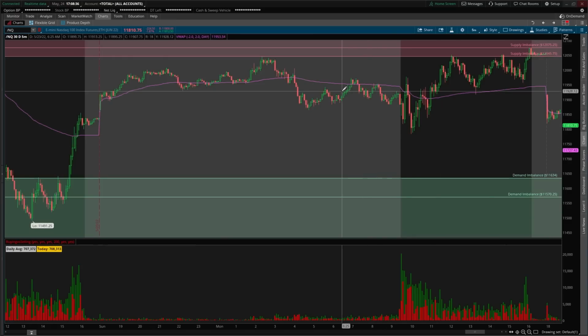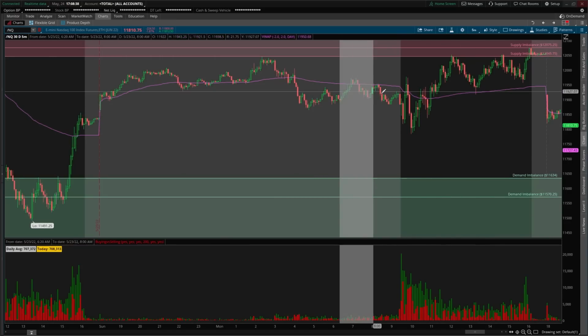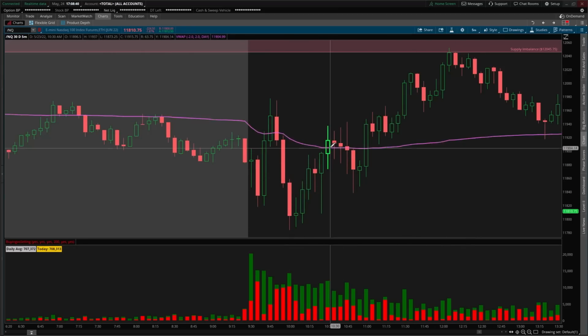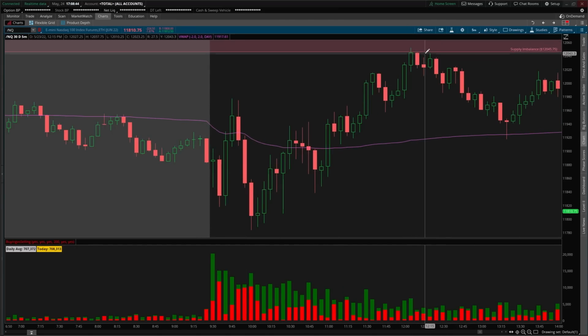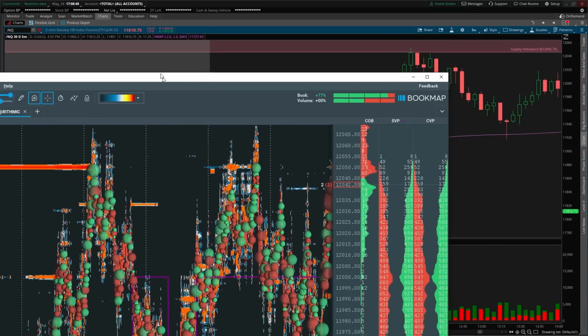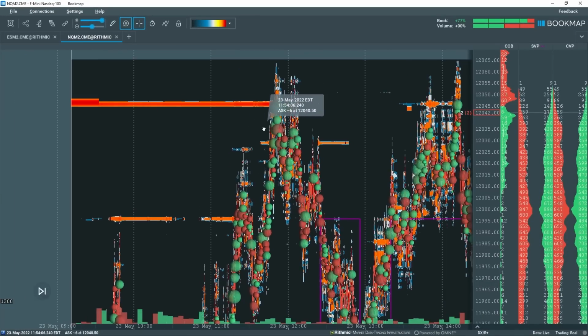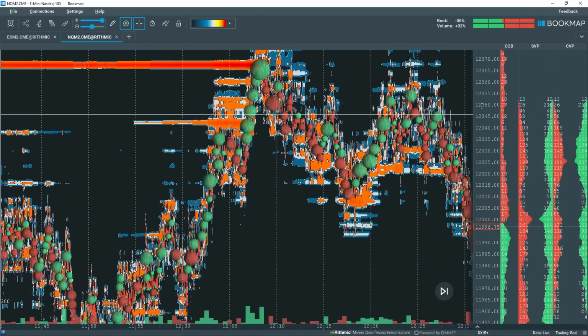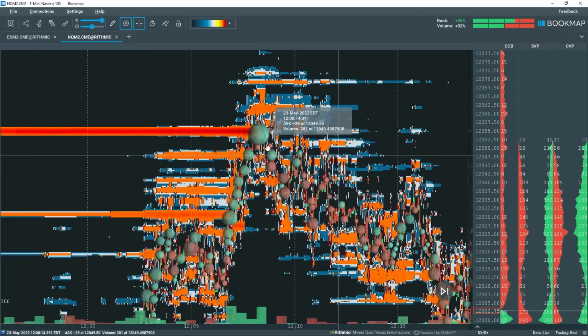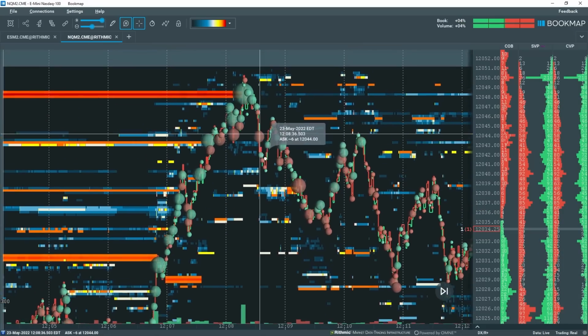Then yesterday on Monday, May 23rd, 2022, the market had a strong rally, making higher highs, making higher lows, and we hit that same exact supply zone at 12,045.75. Now, what this looks like on Bookmap, the example that I showed you earlier, is we're going to see a very large trapped buyer at the highs.